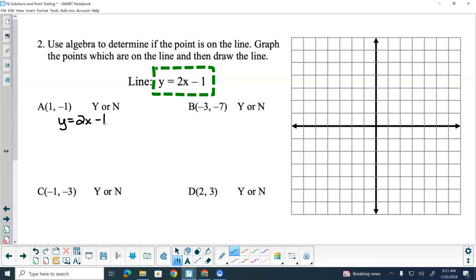My x is going to be 1. My y is going to be negative 1. Might have to do a little more complicated math, but we can handle it. We plugged points into equations before. 2 times 1 is 2, then minus 1.